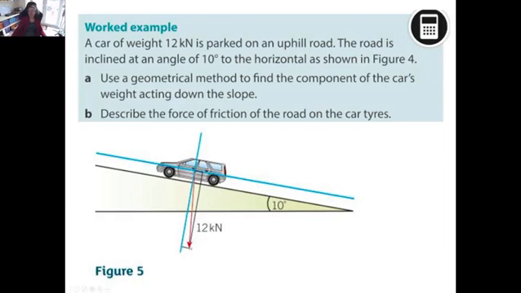Okay, so hopefully you will have drawn something similar to this in order to resolve this weight into its horizontal and vertical components. You can see the weight is acting straight down, and in this example they have drawn a box around that resultant vector. One line is parallel to the slope and the other line is perpendicular to that slope, and then you can see that the component of the car's weight acting down the slope is going to be this little bit here.